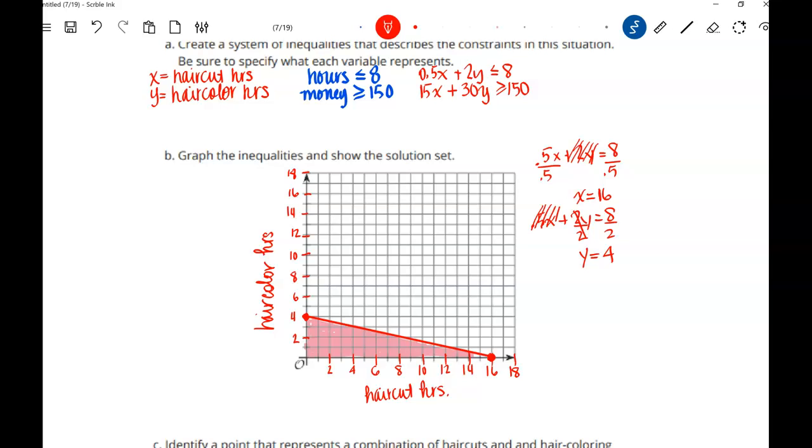Now I'm going to do the money. So 15x plus 30y equals 150. If she didn't do any hair colors, to get that $150, she'd have to do 10 haircuts.